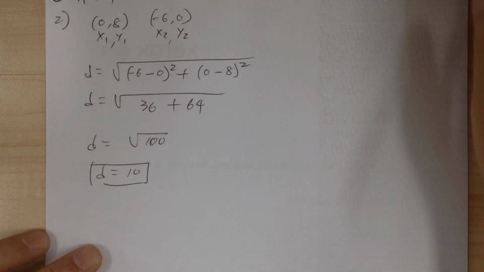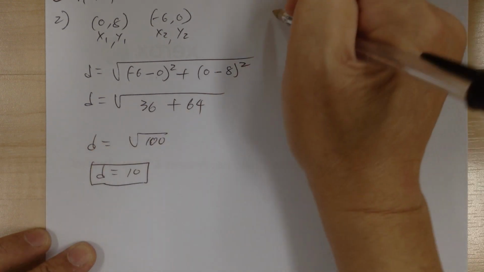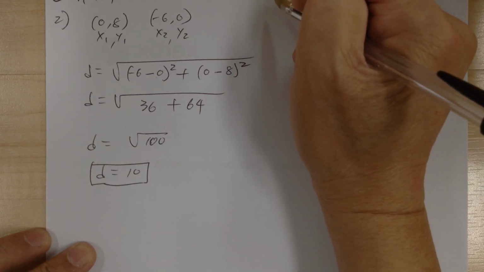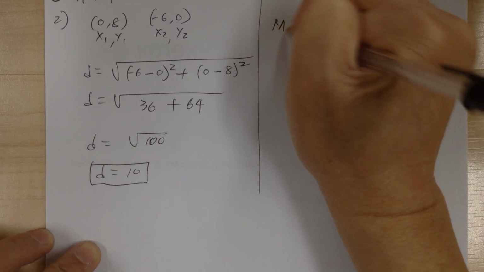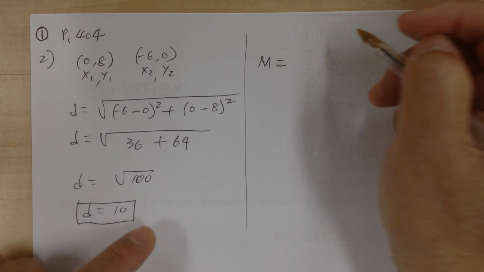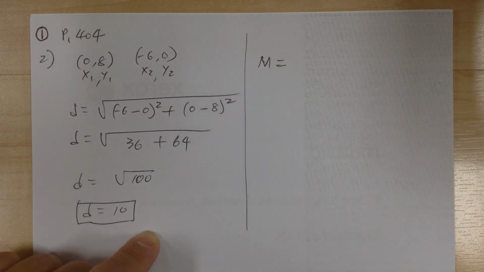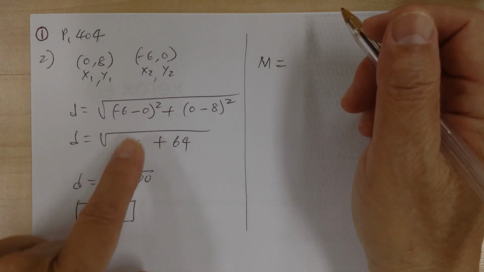Okay. The next thing you want to do is, so this is part A, and for part B, you want to find the midpoint. So the midpoint would be just the average of the two. Make sure you know your formula.